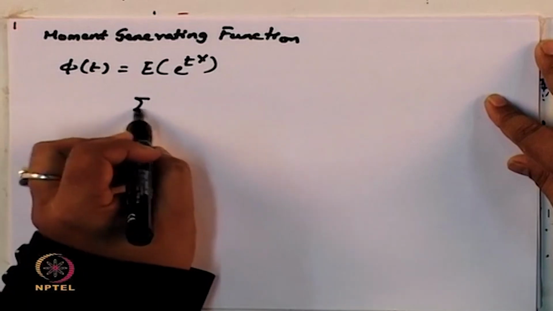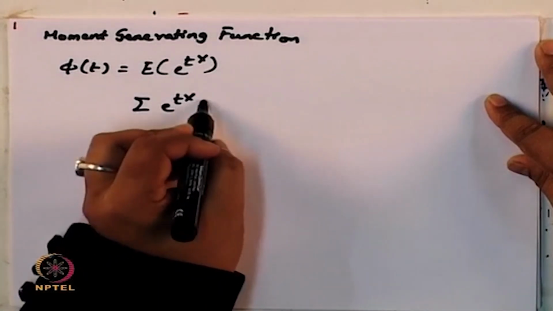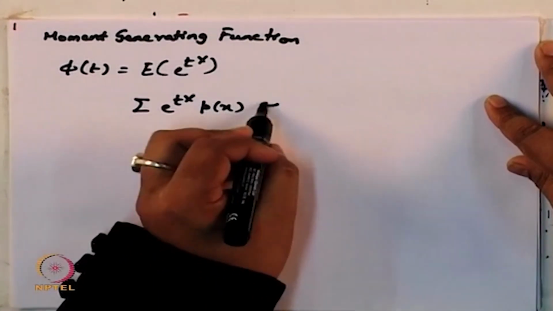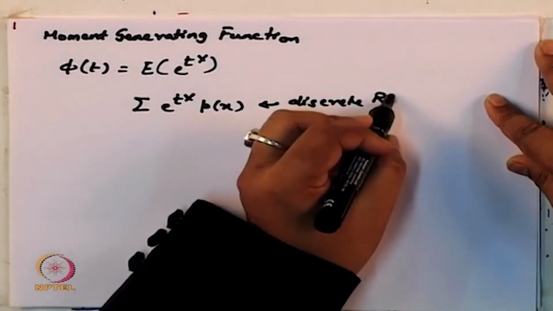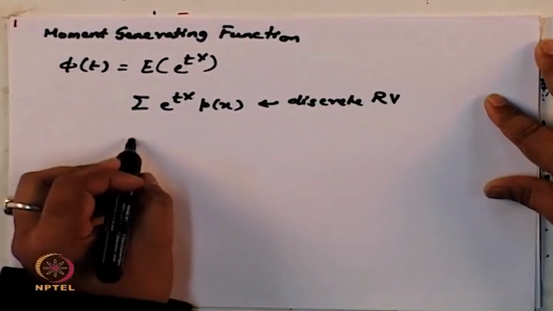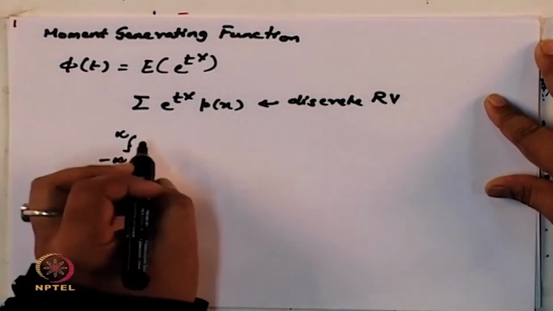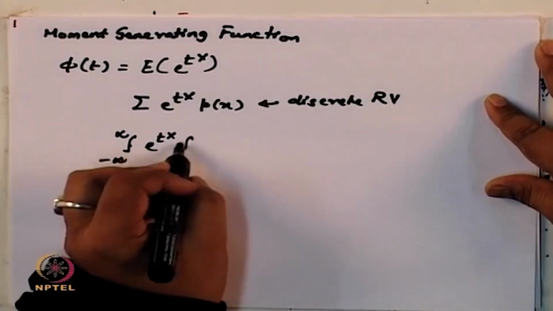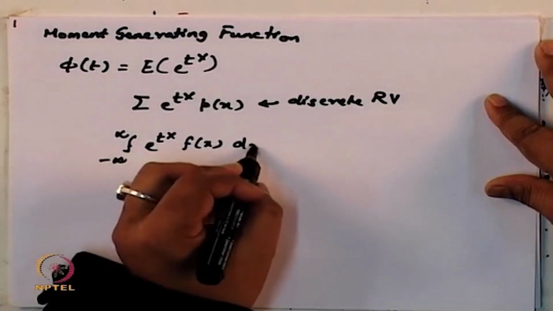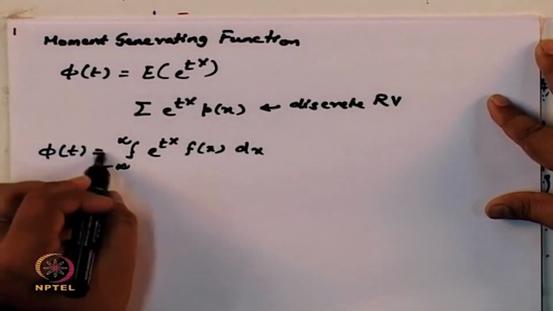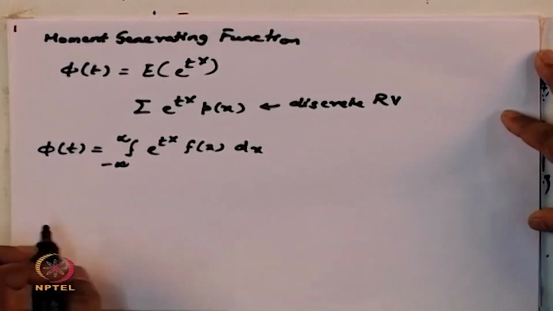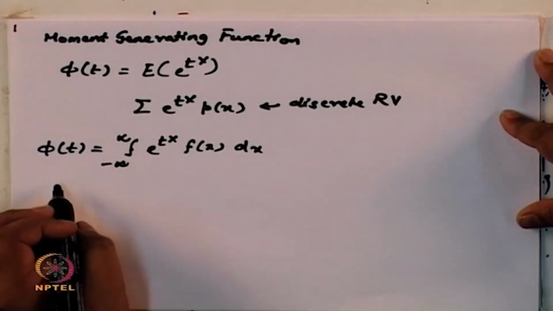So, this would be the summation of e to the power t x into p of x for a discrete RV, or an integral for a continuous one. Okay. So, phi of t. Now, let us take the case of the continuous random variable and derive.